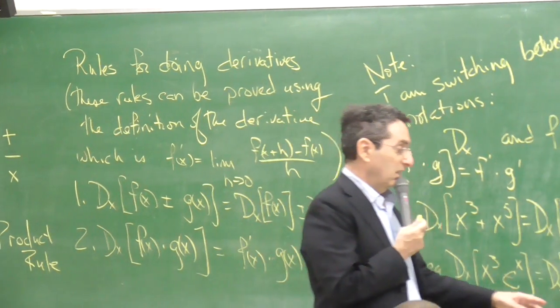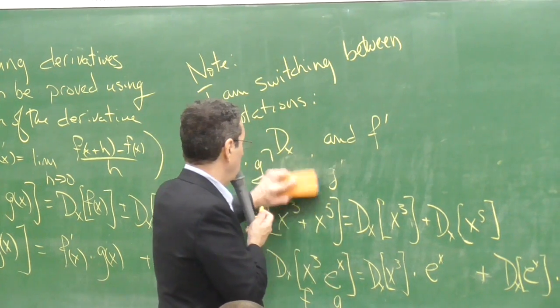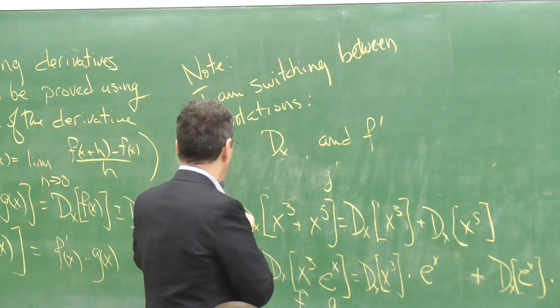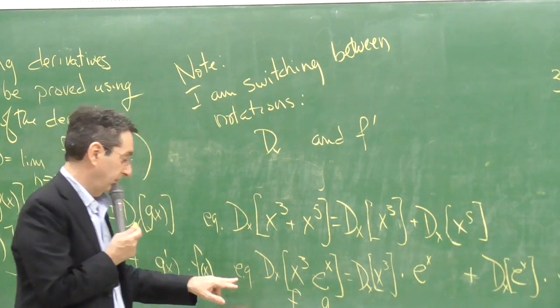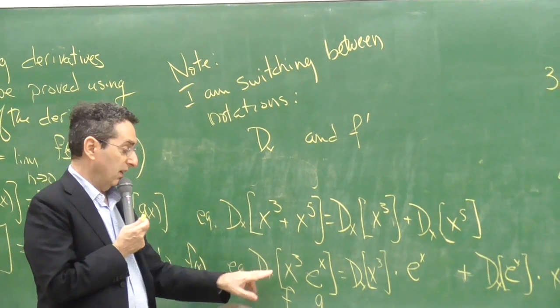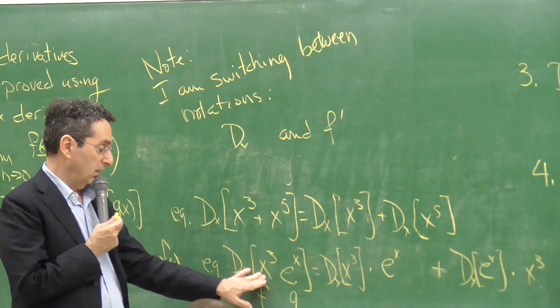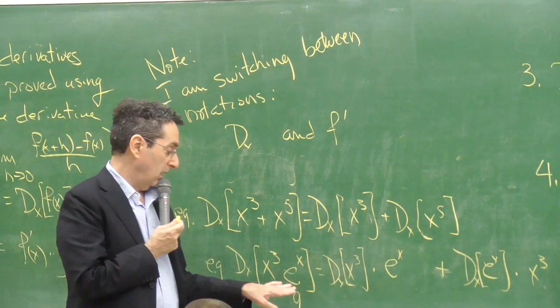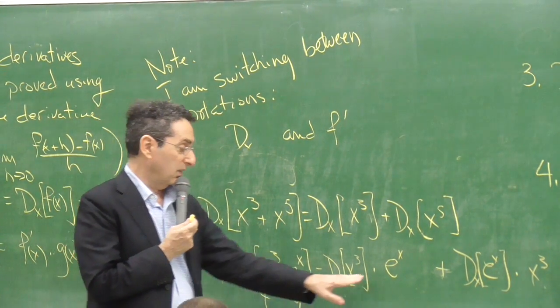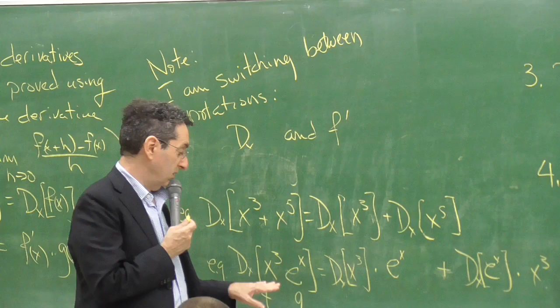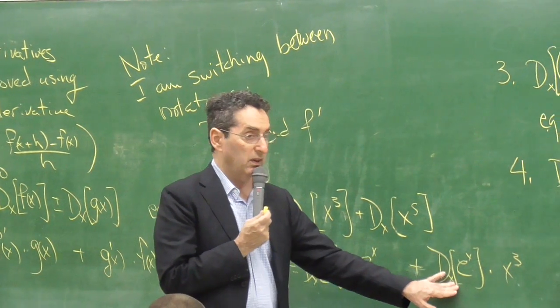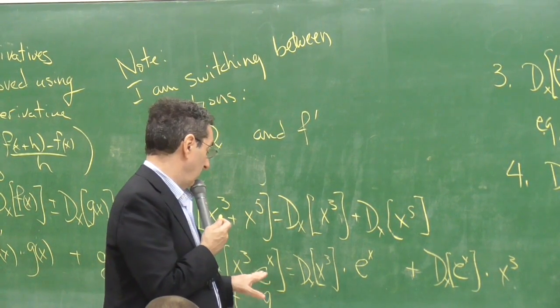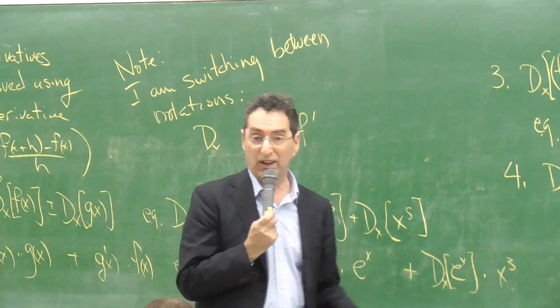So if we wanted to do this problem here, we said it's the derivative of the first one, which is what I wrote here, times the non-derivative of the second one, which is what I wrote here, plus the derivative of the second one, which is what I wrote here, times the non-derivative of the first one, which is what I wrote there.